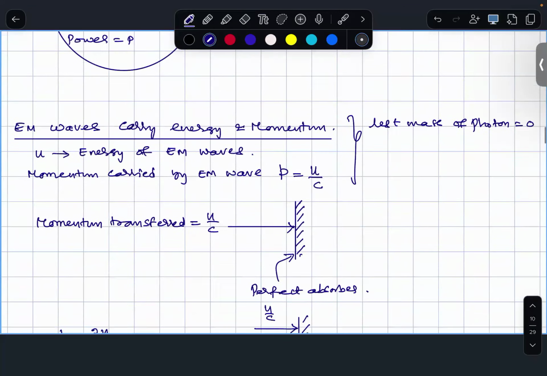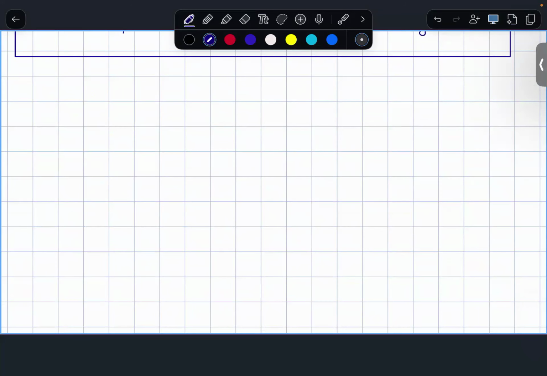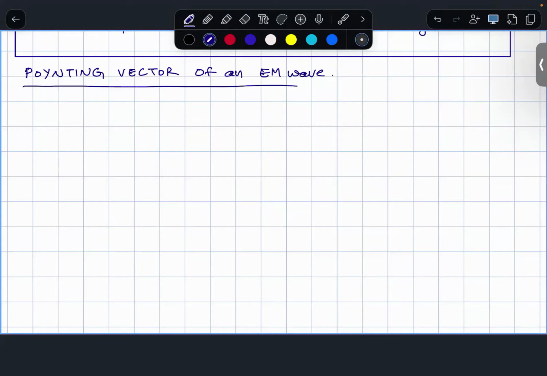One more thing that you need to learn, that is the Poynting vector of an electromagnetic wave.